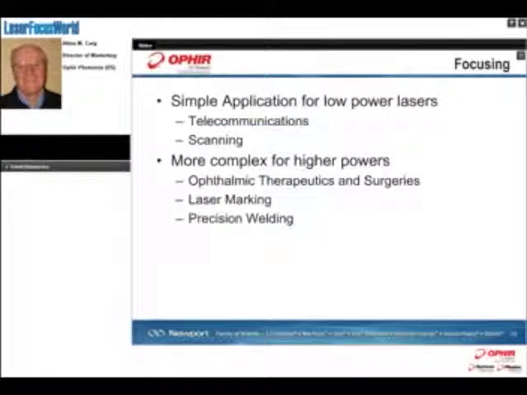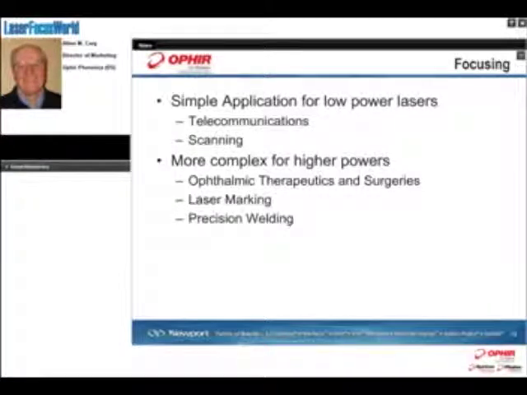Focusing is a very simple application for low power lasers, such as is done for optical telecommunications or scan systems, where we're talking about lasers on the order of a couple of watts or less, because you can just put the profiler where you want to make the focus and make the measurement.